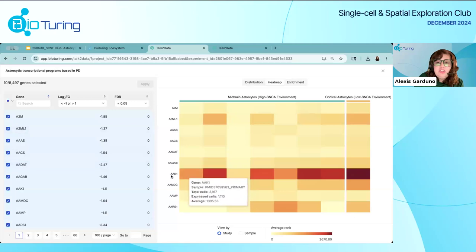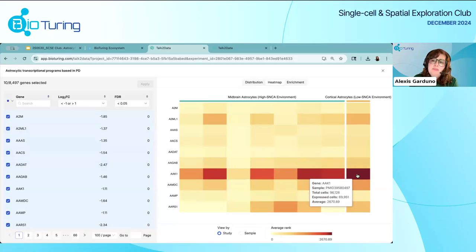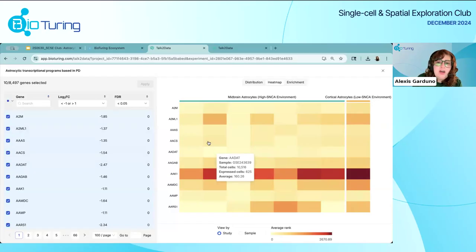Something that we can see just by looking at the heat map is that there is a difference within this particular gene, the AAK1 gene, which is highly enriched within the low environment of SNCA within the cortical region, and particularly astrocytes that are located or aggregated within the cortical region in the brain. We can also see there is less expression of other genes within the midbrain astrocyte region.